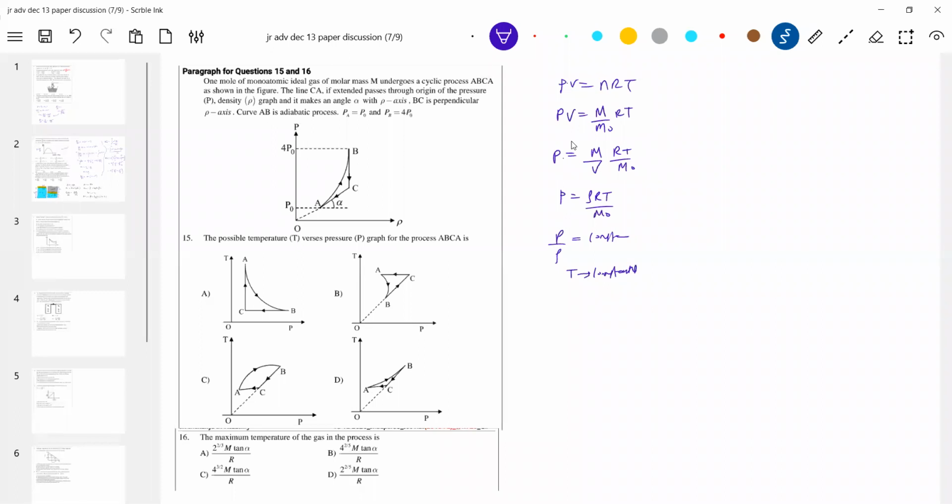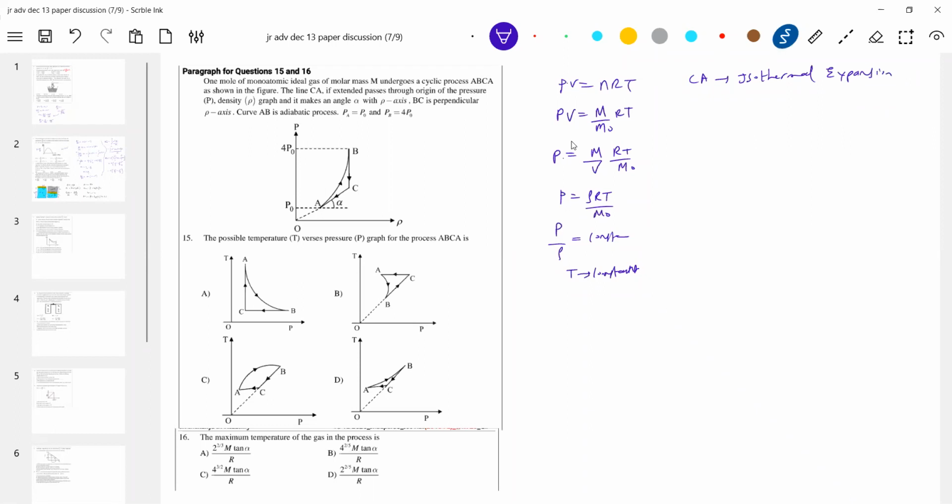I think I discussed very exclusively that the graph will be of a different thing. So therefore, AC is isothermal compression. Sorry, CA. Isothermal expansion. It is isothermal expansion.